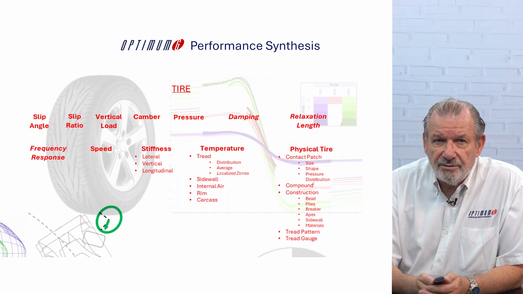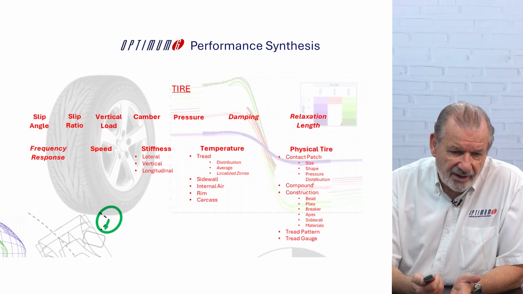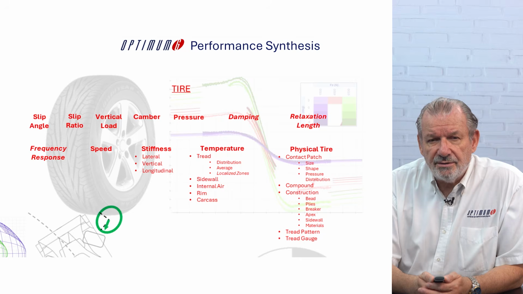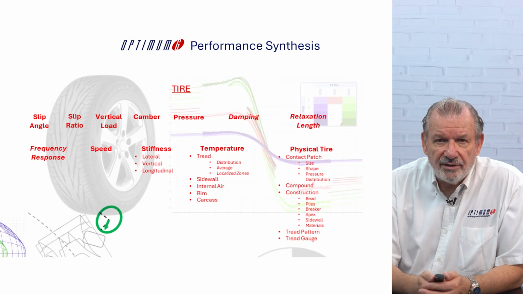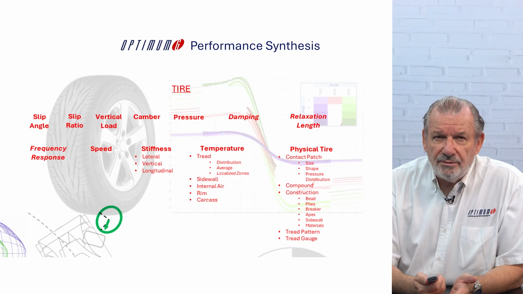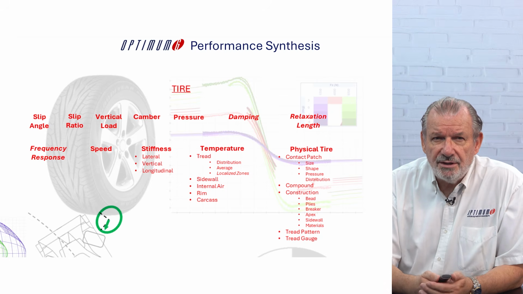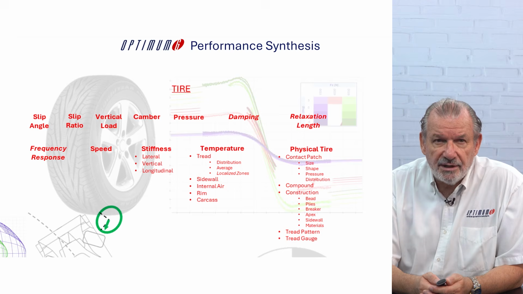All these things have to be understood. And then the physical tire: people who do a finite element model of the tire, understanding all the parts of the tire, all the construction, the tread gauge, the tread pattern, the contact patch. So that's already a big part of the understanding of vehicle dynamics.